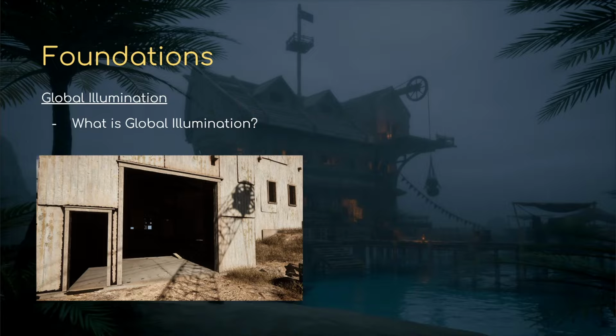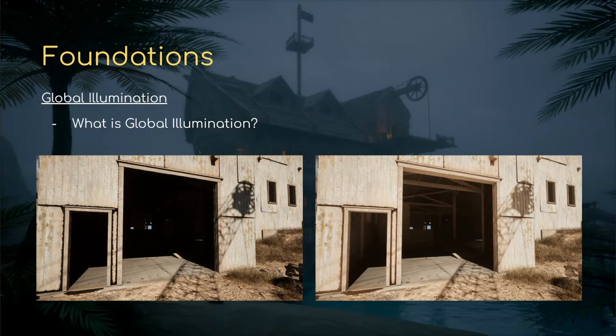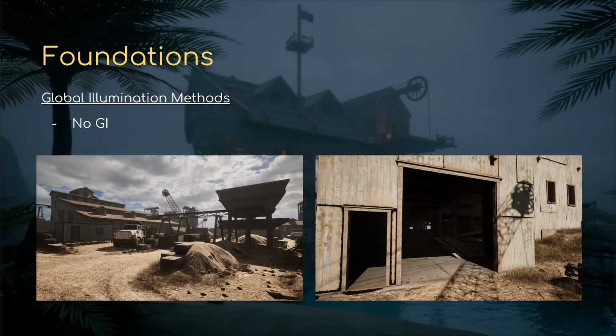So that's what global illumination does. It's also called indirect lighting, bounce lighting. So this is basically the difference between the two screenshots, what global illumination does.